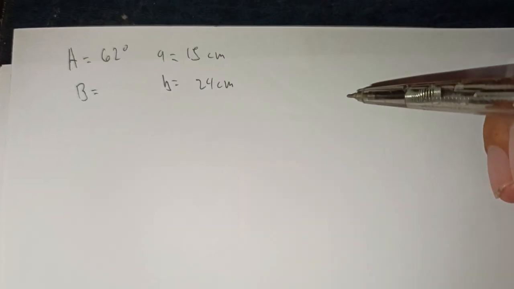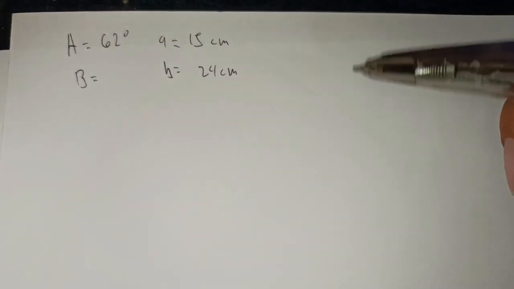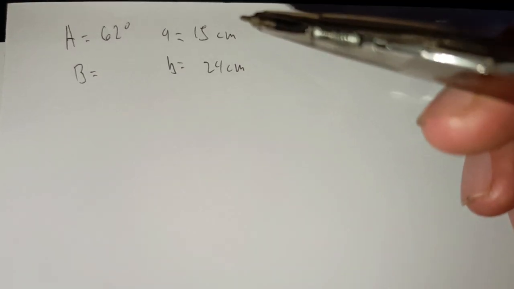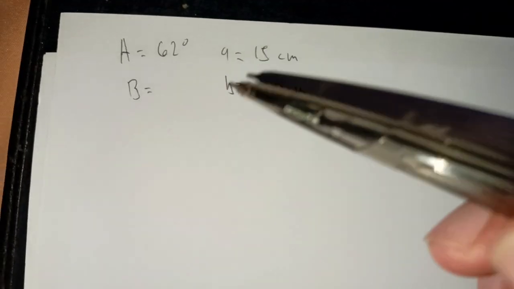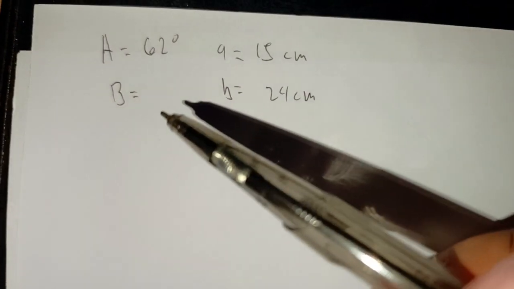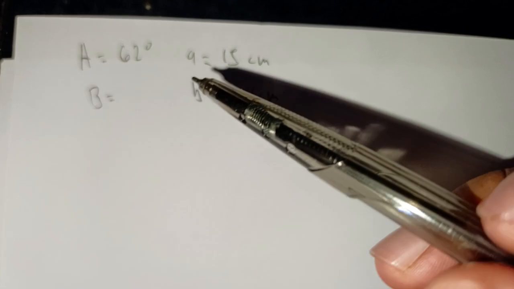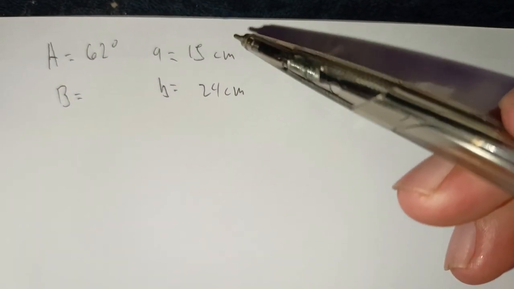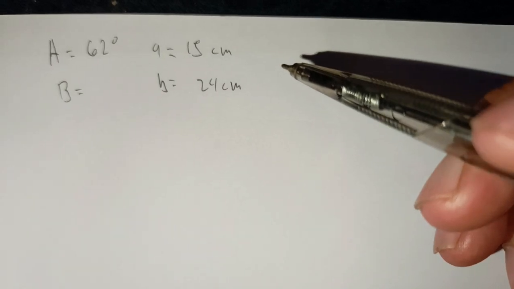And now let's have another example. What if the problem that is given to us doesn't have any angle? Like here, the B angle is missing and the length of B is present.